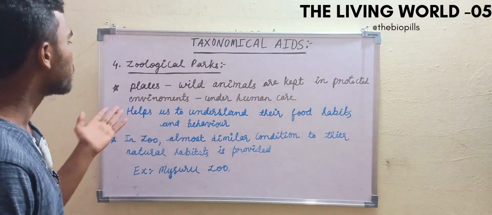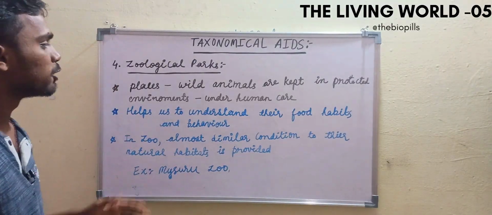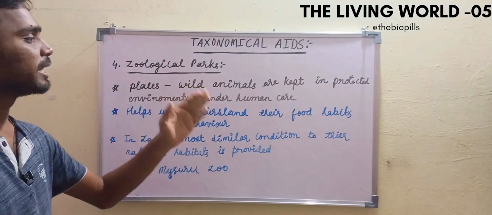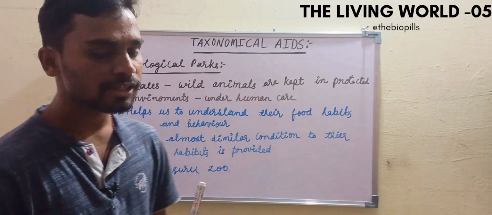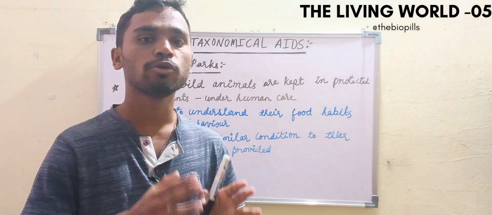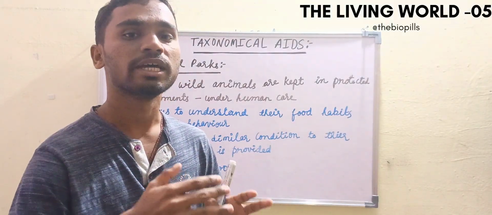So what do we mean by zoological parks? This is a place where wild animals are kept in protected environments. That means under human care we protect wild animals which are on the verge of extinction.